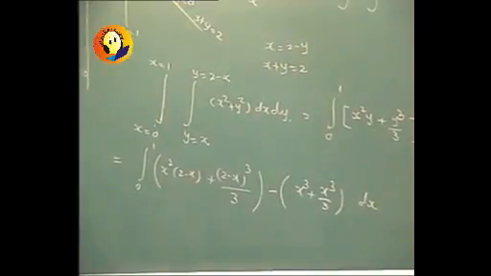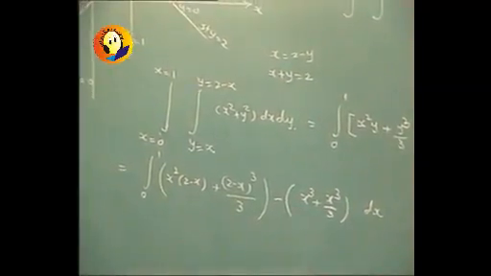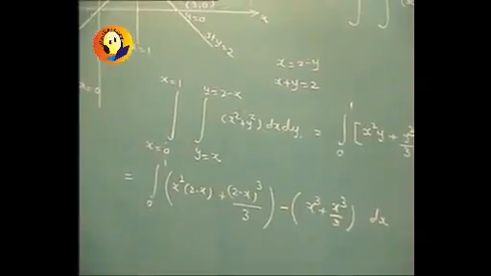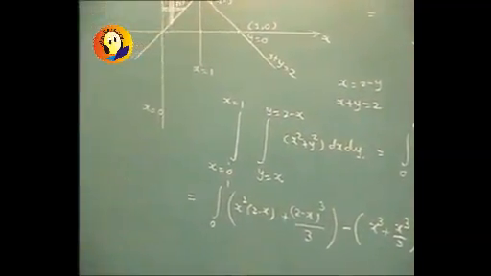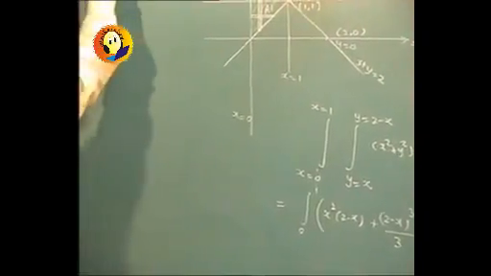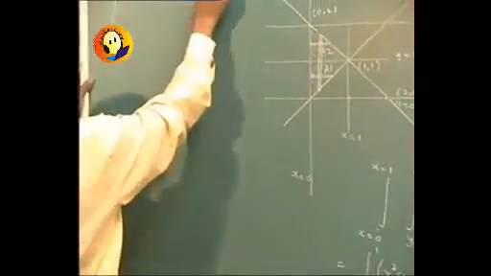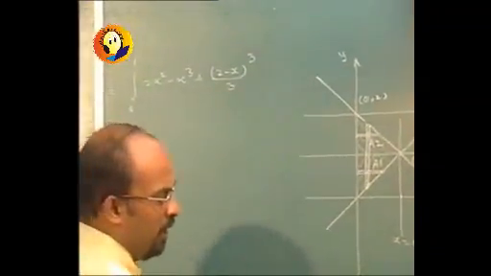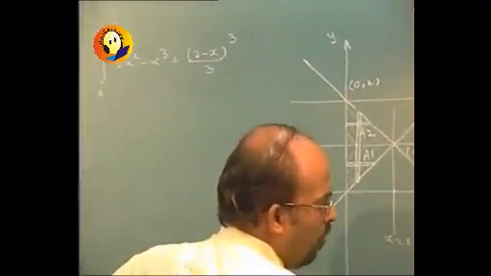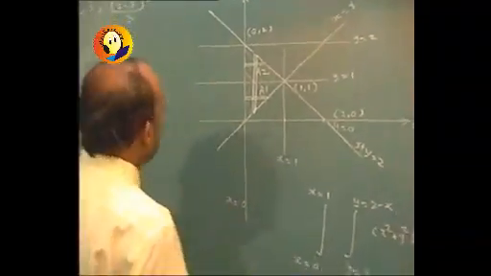So it can be now written as integral 0 to 1. If I multiply by the terms, it will be 2x square minus x cube. Second term will stay as it is, (2 minus x) cube upon 3, and the lower limit term is actually 4x cube by 3 to be subtracted.